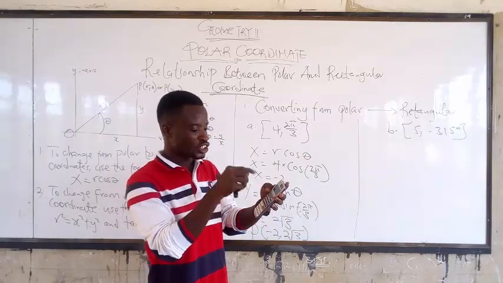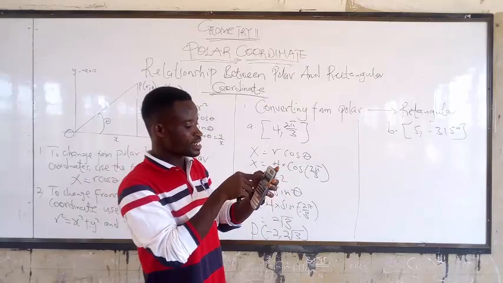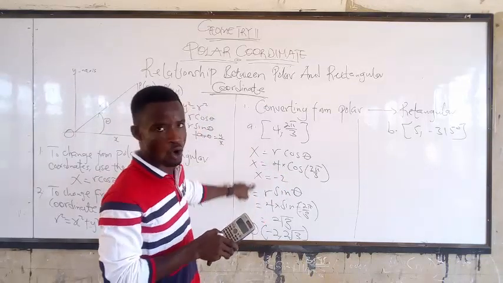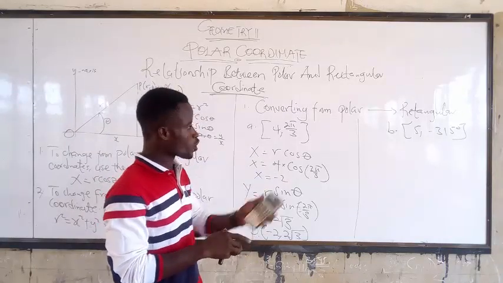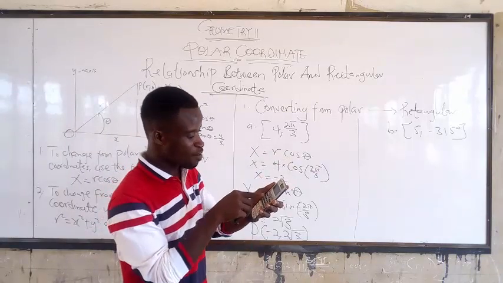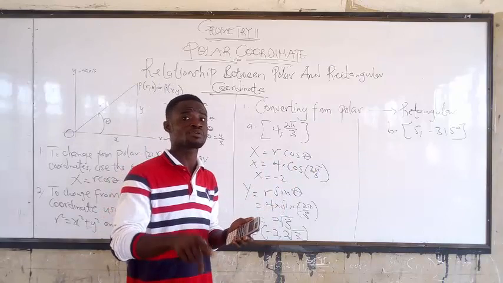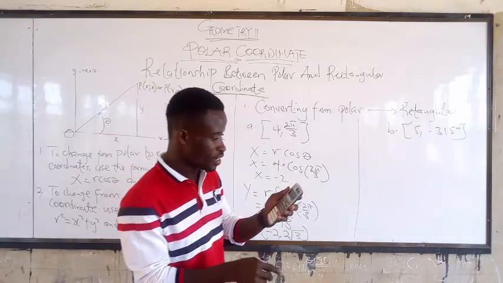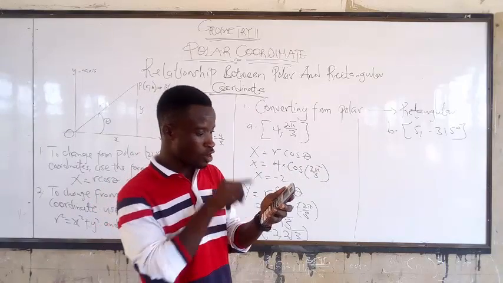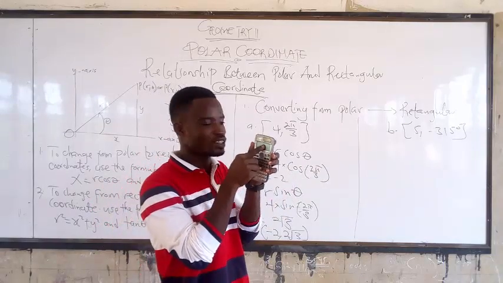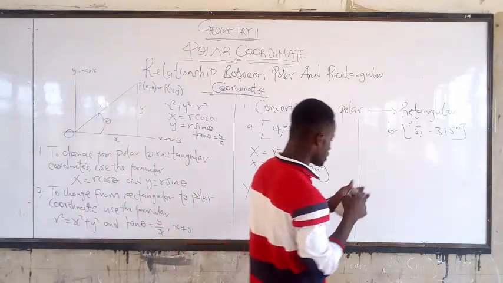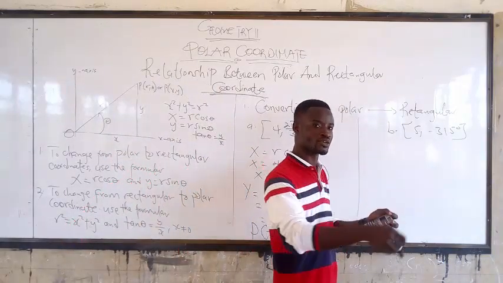When you press shift mode, you see the 4 is the radian. So here you have to be in degree. Please, as far as this course is concerned, be careful with what I'm saying. So this you have to be in degree. So that will be 3. When you press on 3, you see that the thing will change to D.